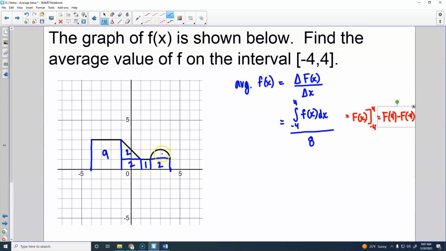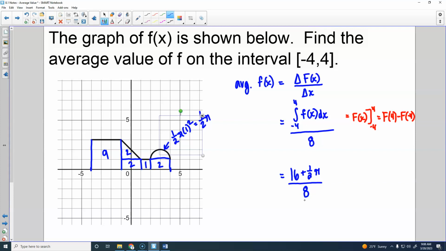And then this one is going to be 1/2 of pi times 1 squared, so you'll get 1/2 pi. If we add all of that area together, we are going to get 9, 14, 15, 16. 16 plus 1/2 pi divided by 8 here.